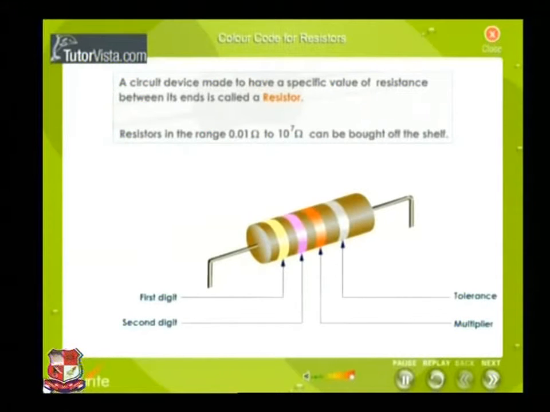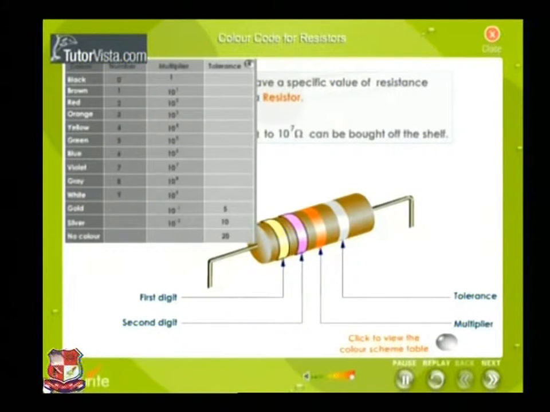The resistor is marked with the standard code using 3 or 4 color bands according to the color scheme shown in the table. Click on the button to view the table. The first 2 bands represent the significant digits. The third band indicates the decimal multiplier, and the last band stands for the tolerance level or the maximum power that it can dissipate.